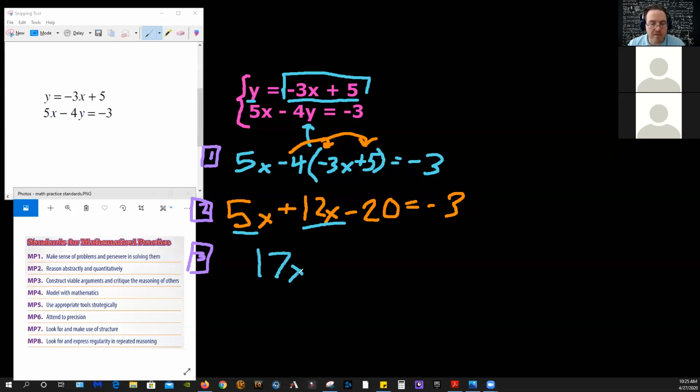And we still have all this other stuff. We still have minus 20 equals -3. So 17x minus 20 equals -3. Okay. Now, the next step, step 4, is inverse operations.